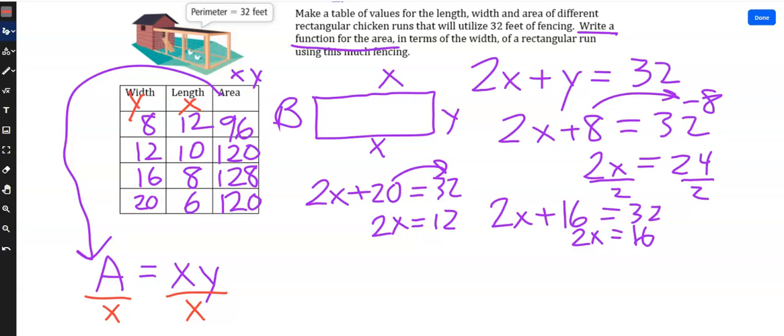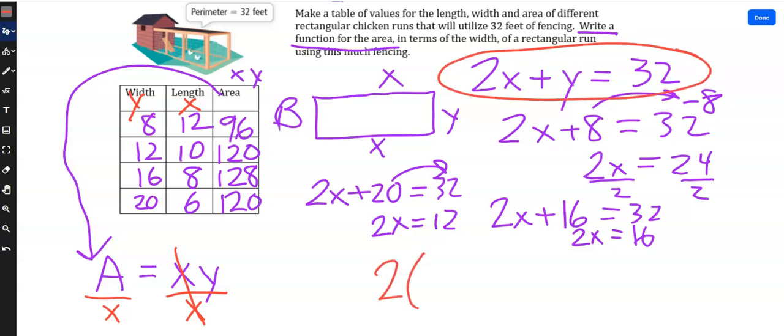Do we want to get y by itself? No, we don't, because we want to replace it in the other equation. We want to be able to come up to this equation and replace the x with something. That's what we want to do. So let me go back to this equation. Hold on a second. Let me pause.